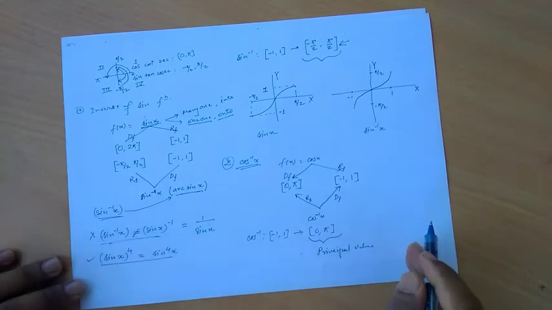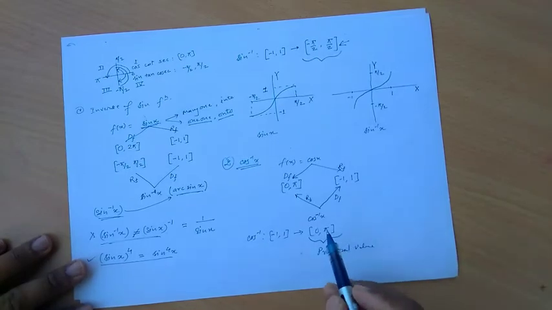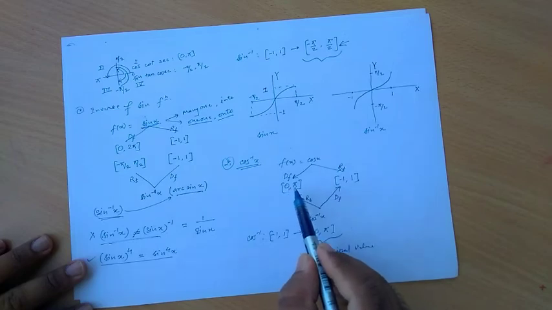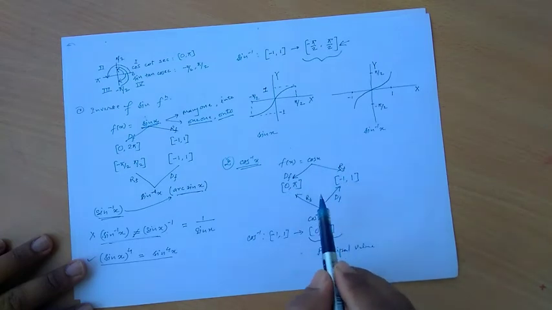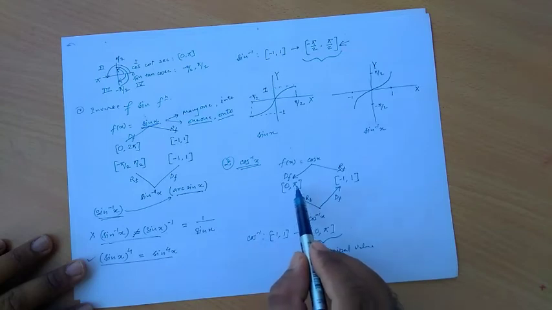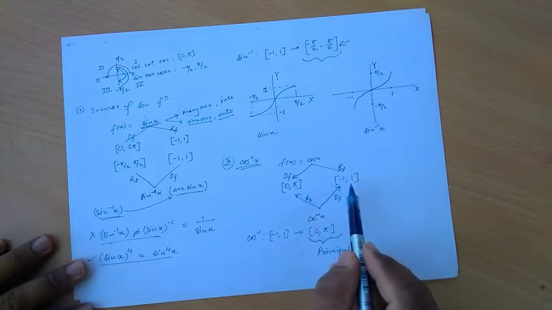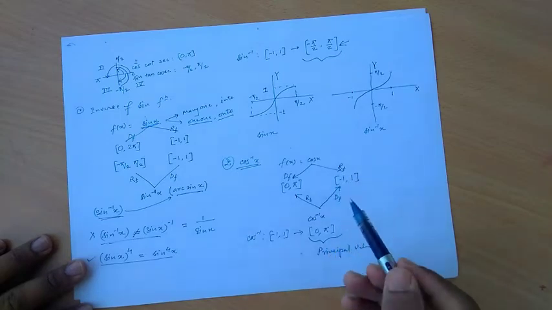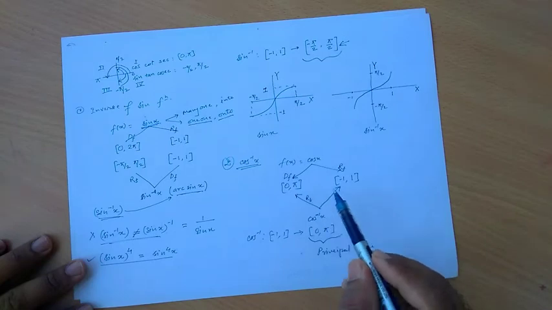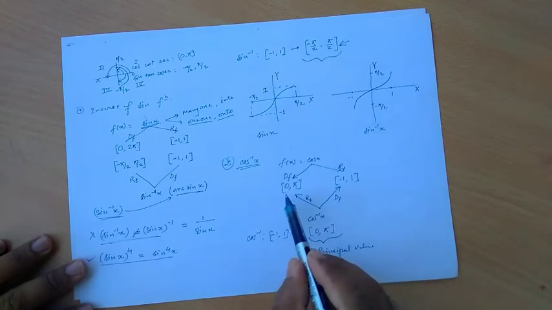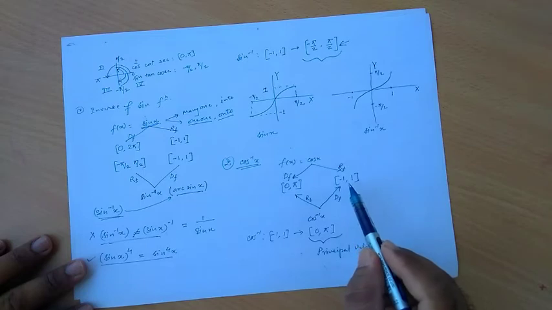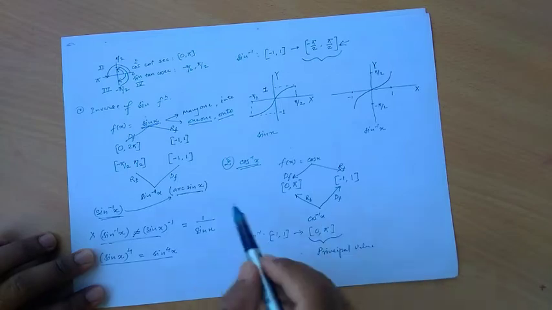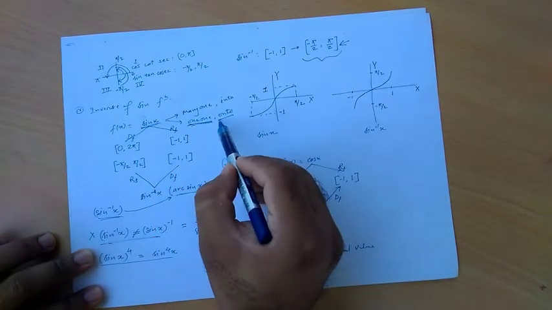Why? Because this is a periodic function. If we consider values other than 0 to pi for cos, we are getting this one. But when we consider pi to 2 pi, we'll get some other values, and that is also from -1 to 1. So periodically we can change the domain, and we'll get the same values. Whereas to get the inverse function, we have to make these one-one and onto.